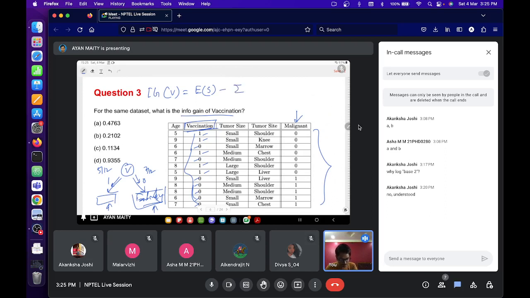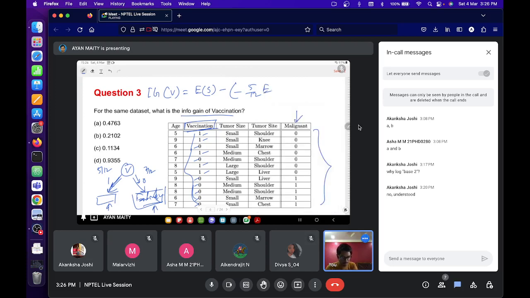minus the summation. So it would be like this: minus 5 by 12, which is the fraction of elements going to the left hand side, into the entropy of this side.